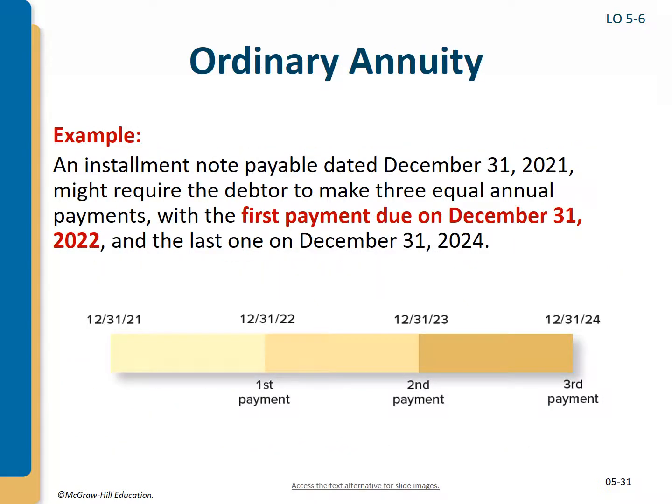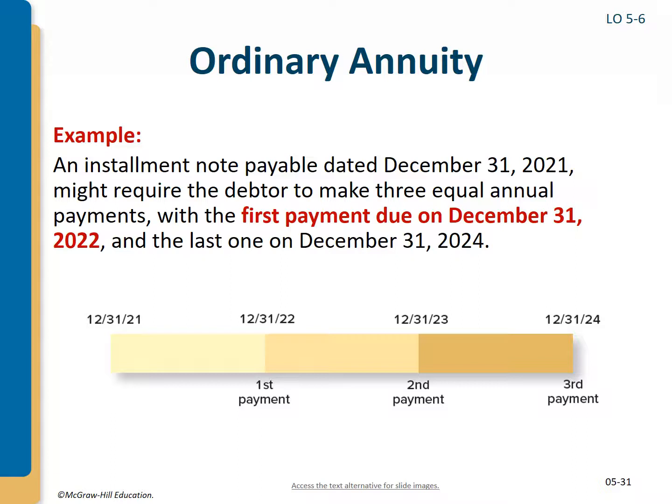So let's look at an example of an ordinary annuity. An installment note payable is dated December 31st, 2021. So that's time zero. It's the same as saying 1/1 of 2022. It might require the debtor to make 3 equal annual payments, with the first due 1 year from today. So today is time zero, December 31st, 2021.